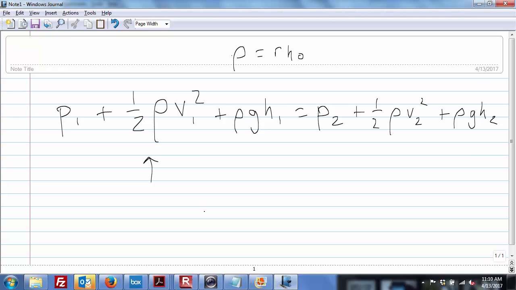Density and velocity. You've got velocity, you've got density. What happens if you replace that density with mass? What's 1/2 mv squared? What kind of energy is that? Kinetic. It's kinetic energy.